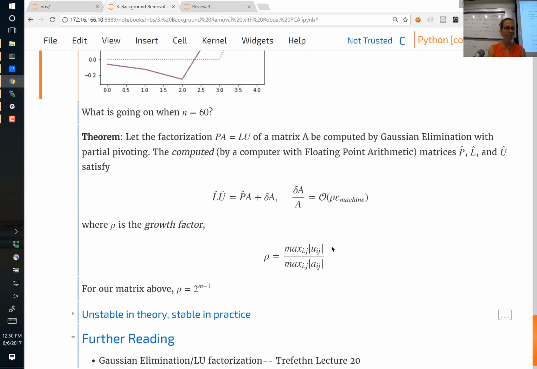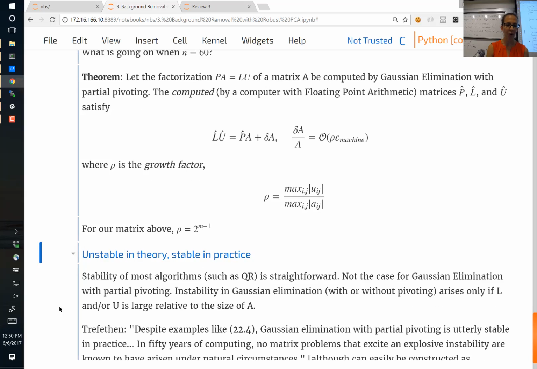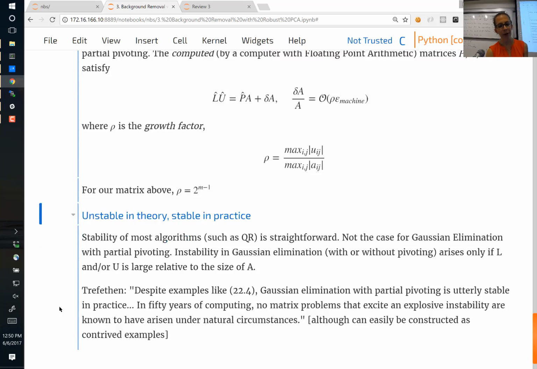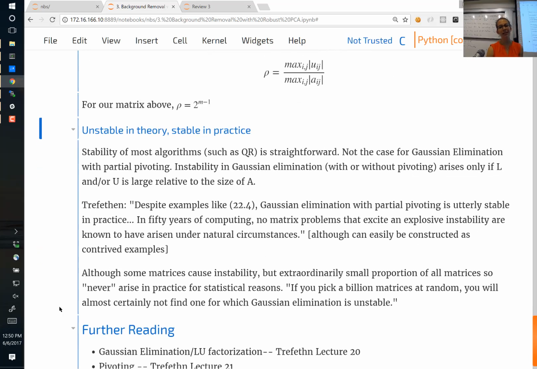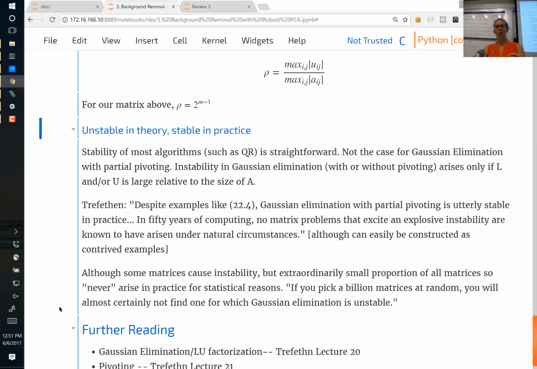And so LU, because many numerical linear algebra classes teach LU first, although Trefethen points out that it's not a typical case, even though it's a very widely used algorithm. This idea that Gaussian elimination with partial pivoting, this is a quote from Trefethen, is utterly stable in practice.